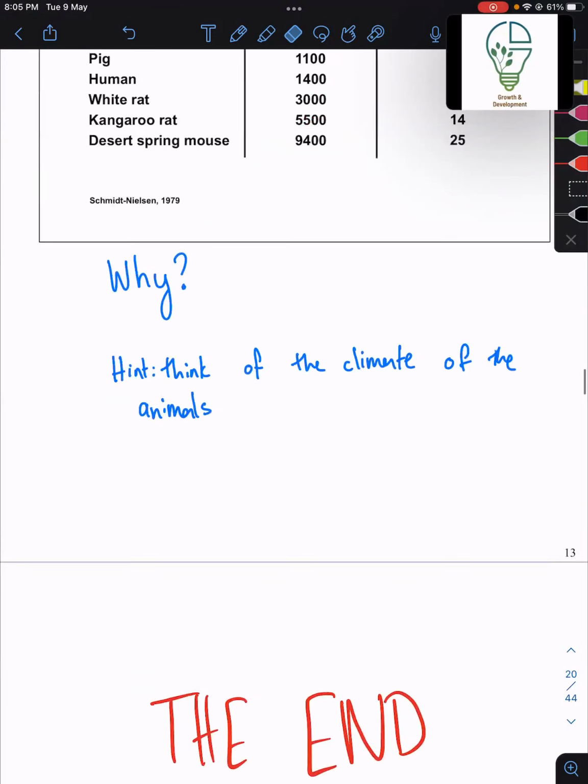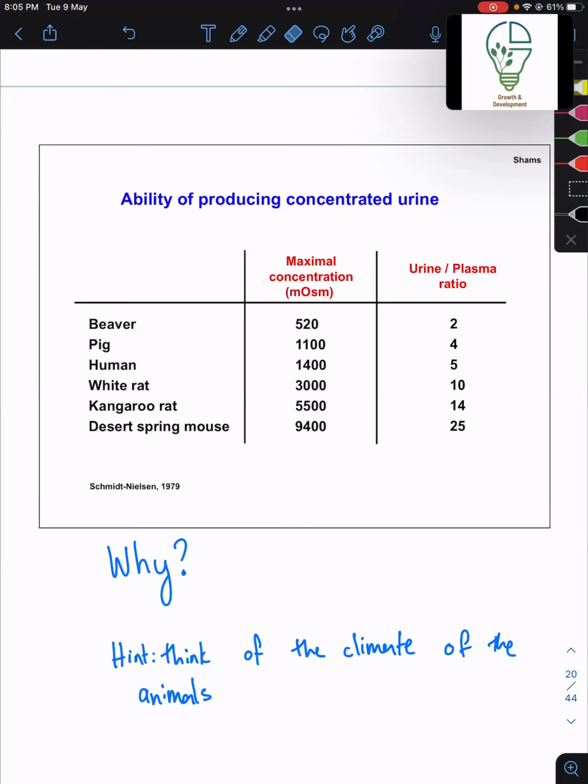Okay, and I believe this is the last slide before I do a little bit of practice questions. This is a pretty cool concept. If you look at the animals over here, they're seeing how concentrated the tubular fluid gets. What they've noticed is that certain animals have very concentrated tubular fluid, in other words, it eventually becomes very concentrated urine, compared to some other animals, which have very dilute urine.